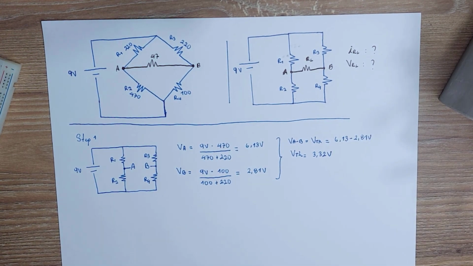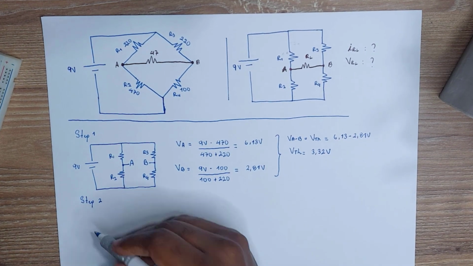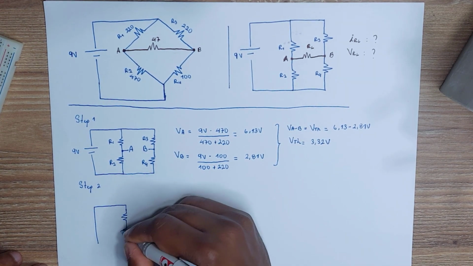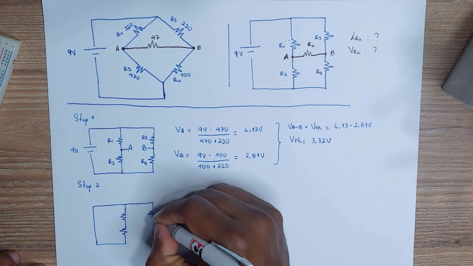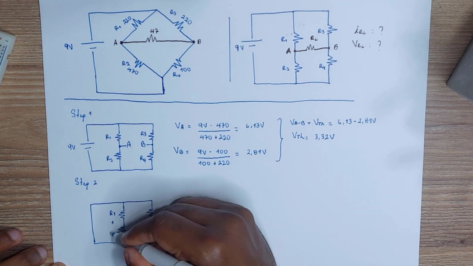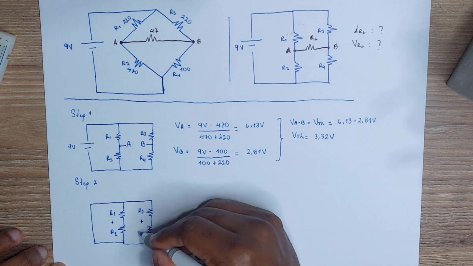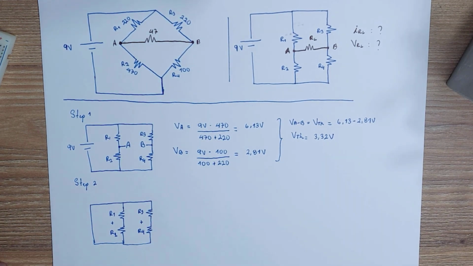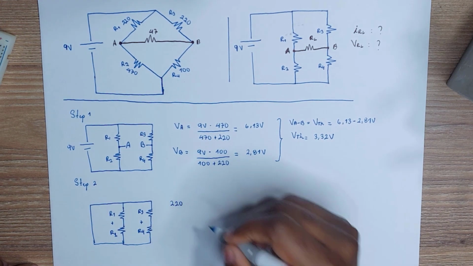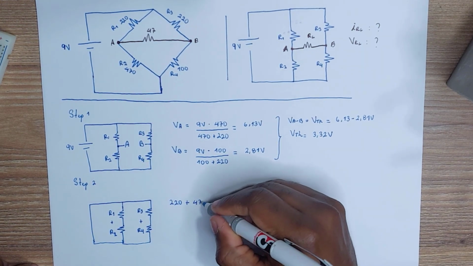Step 2. Now that we have the voltage, it's time to find the Thevenin's resistor. So we're going to short circuit all the voltage sources, and we're going to calculate the resistance. Basically we have two branches of resistors in series, and they are connected in parallel. So first we're going to resolve the resistors in series.